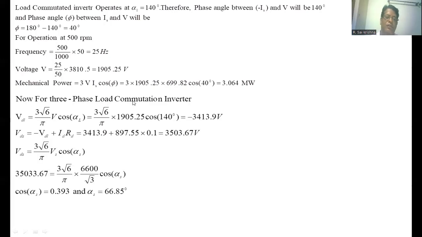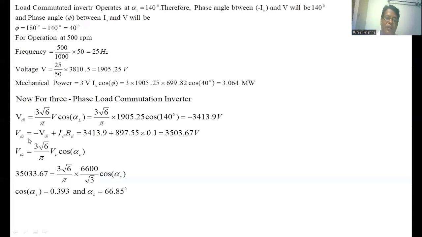Now for the 3-phase load commutated inverter, VDL is nothing but the input voltage of the inverter. We have a direct formula: VDL equals 3 root 6 by pi Vs cos alpha L. Taking the voltage 1905.25 and cos of 140 degrees, you get minus 3413.9 volts.